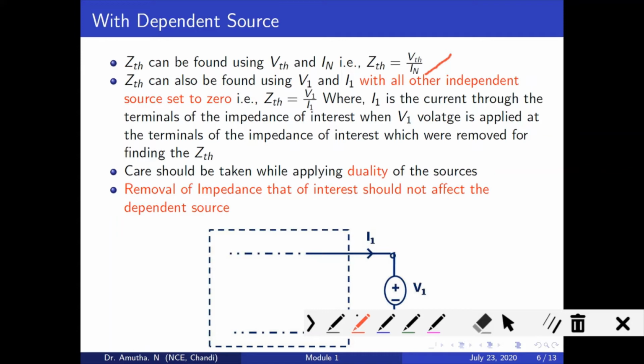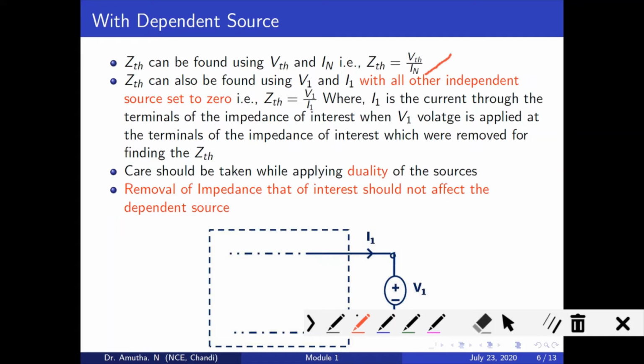Here Z Thevenin can be found in two ways. First one is the way described here. Z Thevenin is nothing but V Thevenin divided by the Norton's current. Here with dependent sources, we have to find two circuits. One is with Thevenin voltage, another one is Norton current, then only Z Thevenin can be calculated.